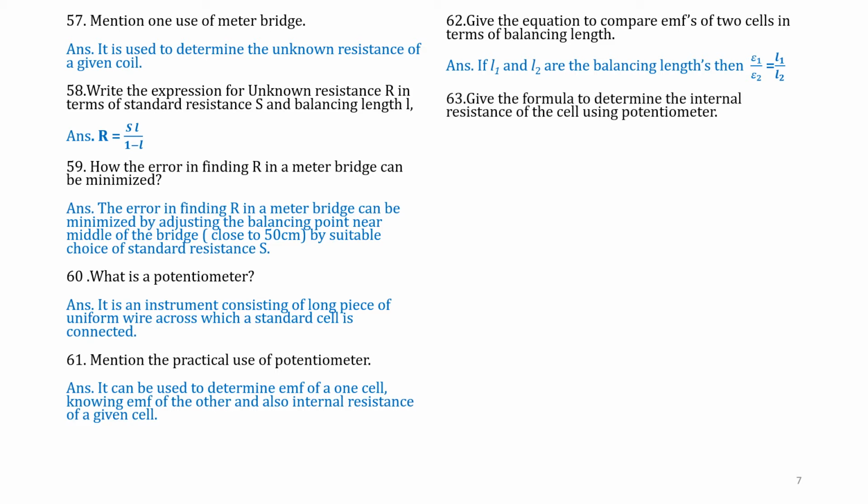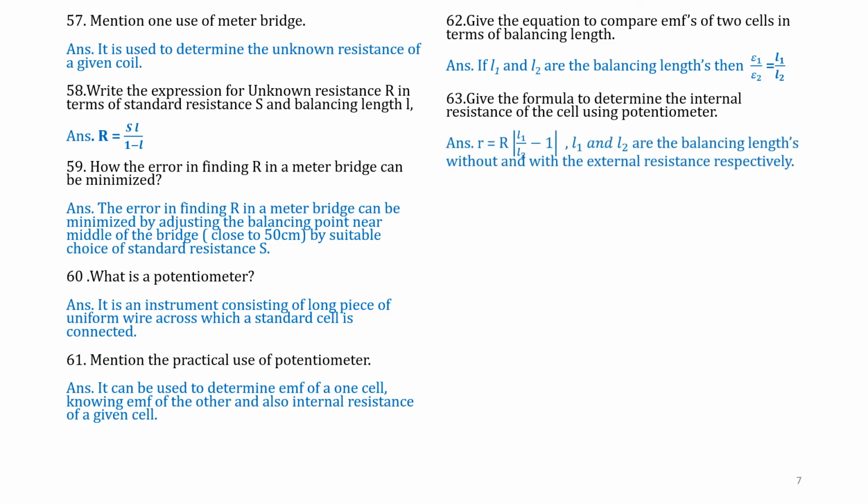Question number 62. Give the formula to determine the internal resistance of the cell using potentiometer. That is, he is asking to write the formula. So we have to write the answer: r is equal to small r is equal to capital R times L1 divided by L2 minus 1.